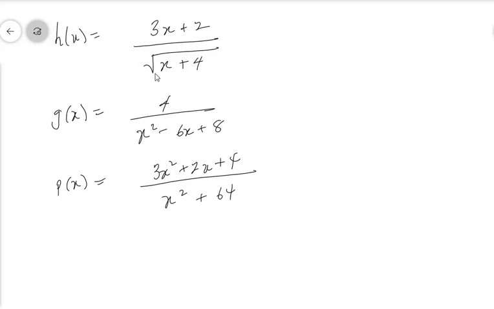Now looking at the very first question, h of x equals 3x plus 2 divided by the root of x plus 4. For this function to be undefined, the denominator must be 0. But that's not the only thing that makes this function undefined.